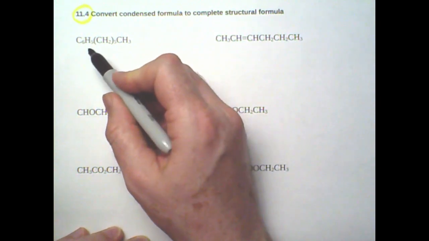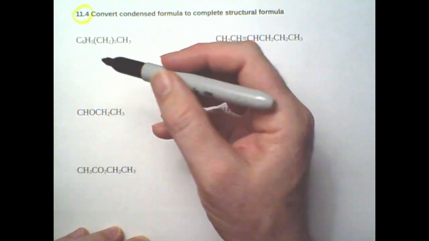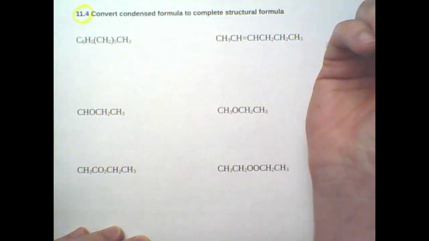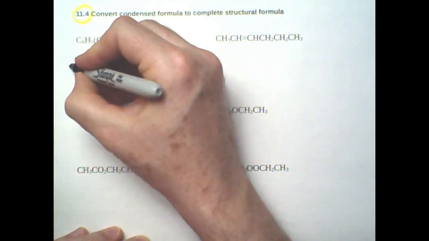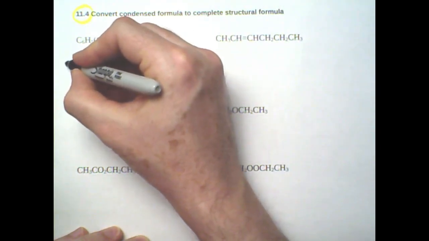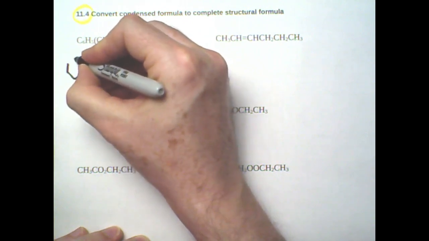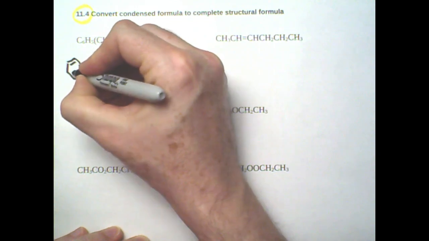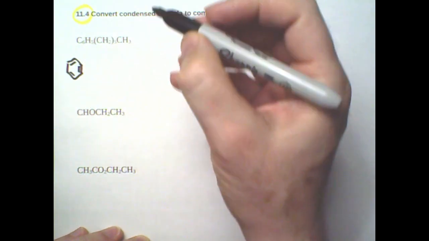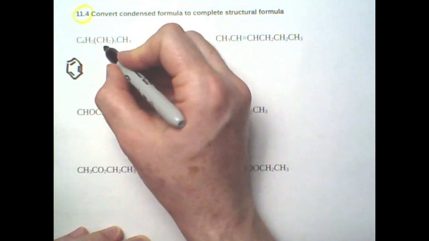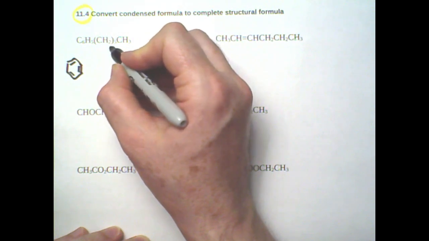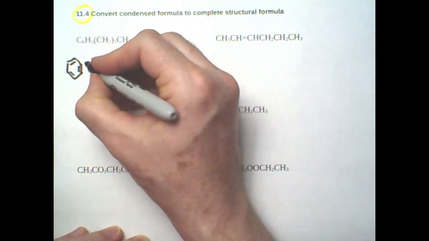So we've got C6H5. That's something you'll find commonly in condensed structures that tells you you've got a benzene ring connected to something else. In this case, it's connected to CH2, all in parentheses 5.